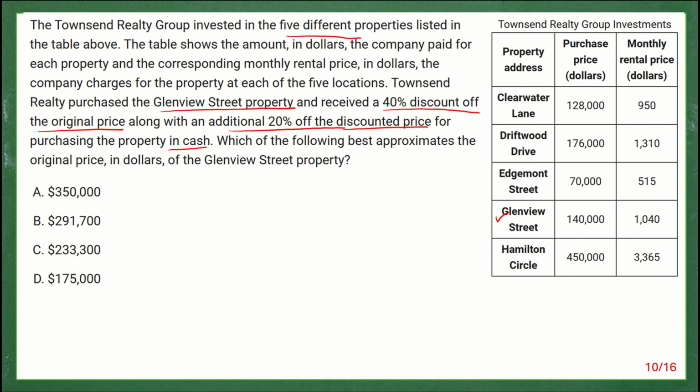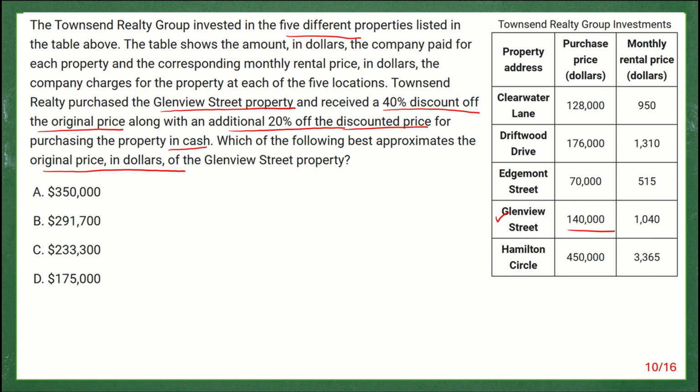So they got 2 levels of discount here. Now, which of the following best approximates the original price in dollars of the Glenview Street property? So they're basically asking us to figure out what was the listed price initially for that property, and after the discount we know that the purchase price is shown here.